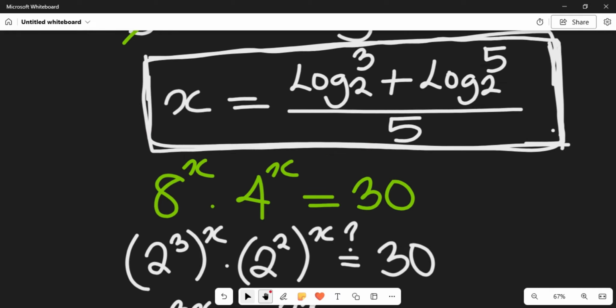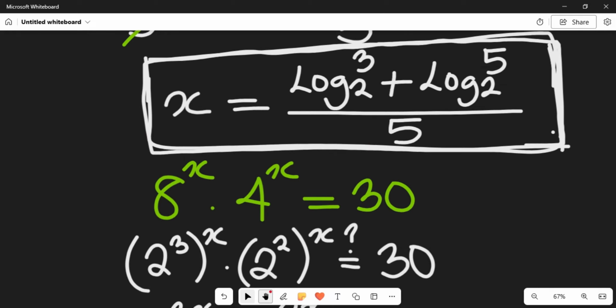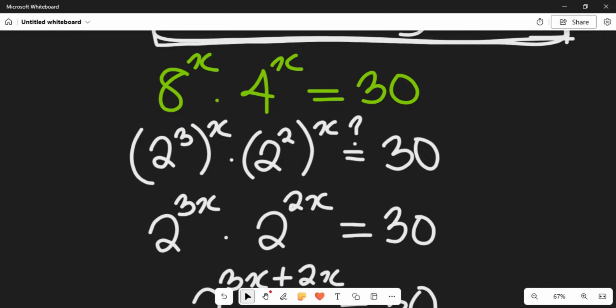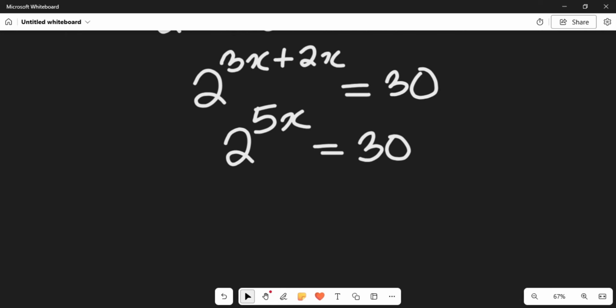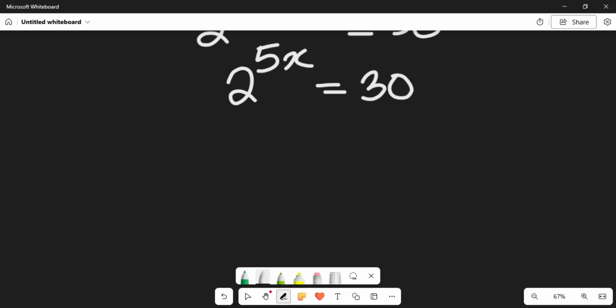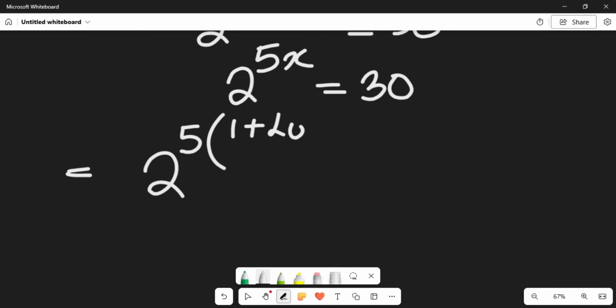Remember, the value of our x is equal to log of 3 base 2 plus log of 5 base 2, divided by 5. So if we input it over here, can we get a simpler expression? Of course we can. 2 to the power of 5 multiplied by 1 plus log of 3 base 2, right?